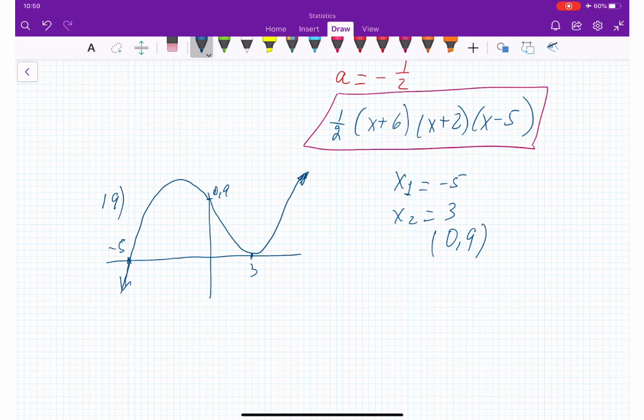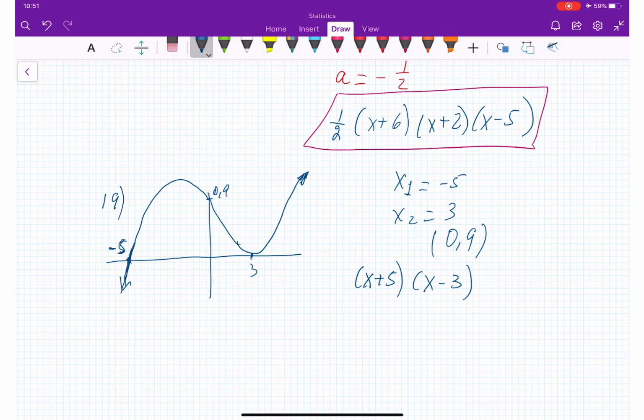So what do we have? A minus 5, we get x plus 5, and then we have 3, we get x minus 3. But keep in mind, here we have a crossing, which is odd, which is 1.